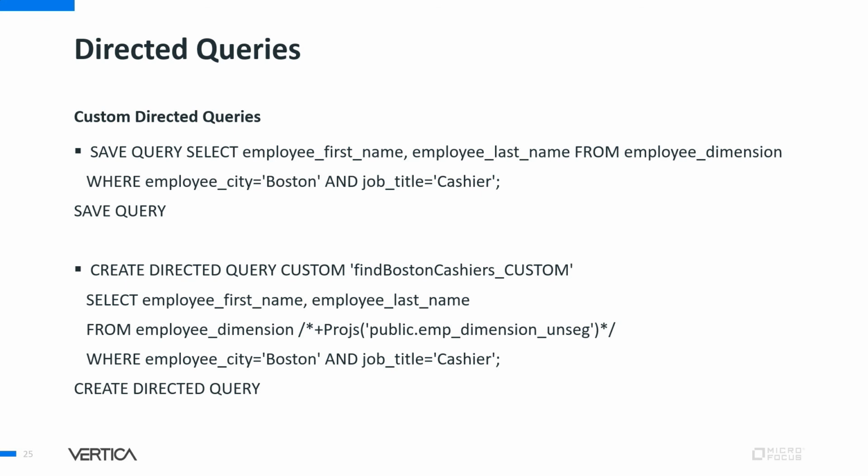You provide the query, including the query hints. In this case, we are providing specific projections. We're using the projection query hint proj.js, and then we're specifying the projection to use, which is an unsegmented dimension projection.